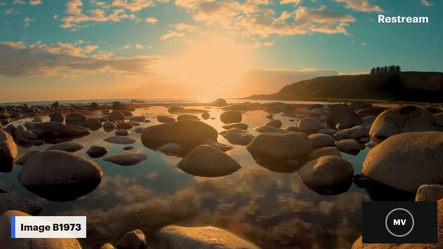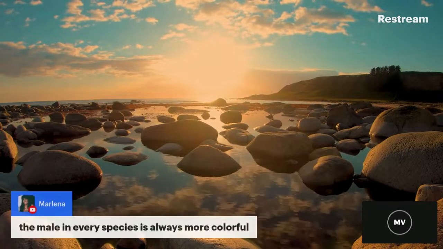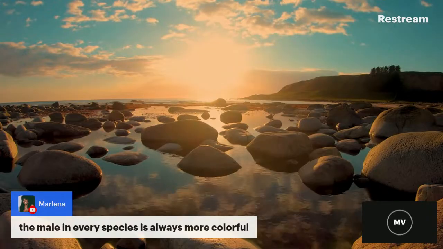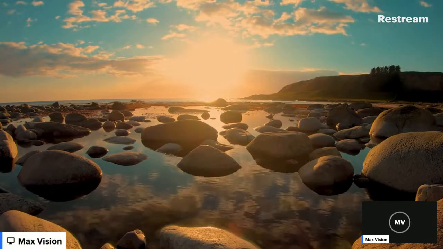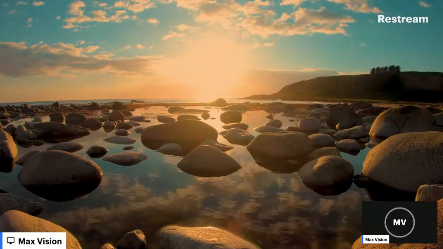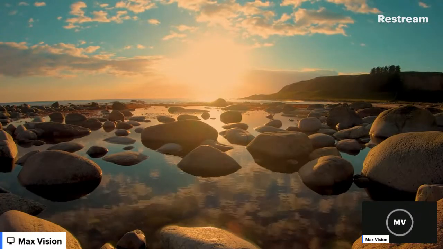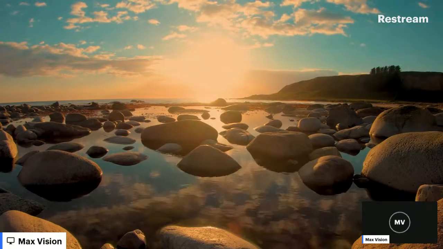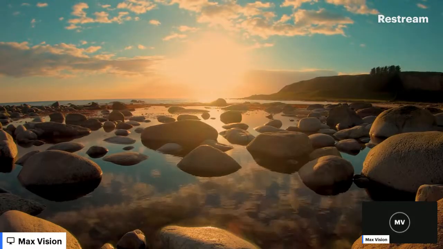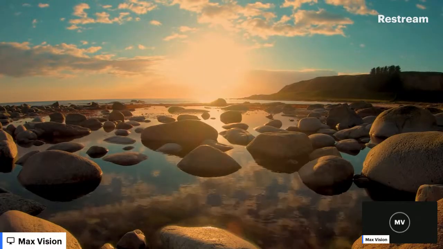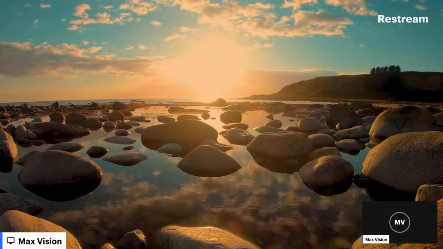Yeah, in almost all cases, male and always more colorful. Yeah, a lot of symbolism in that picture. Could have been they just like to put a lot of animals in there. But yeah, I would bet on symbology.